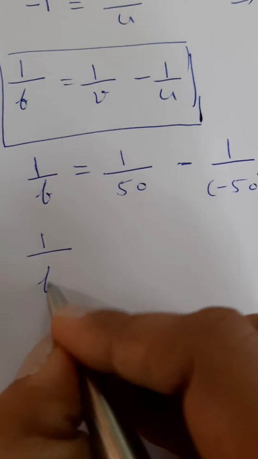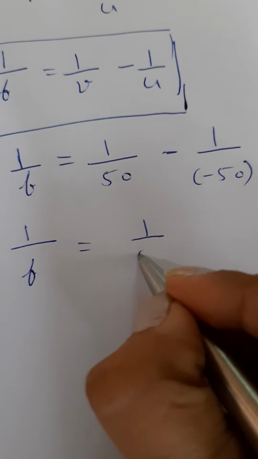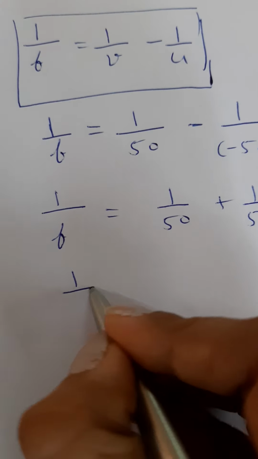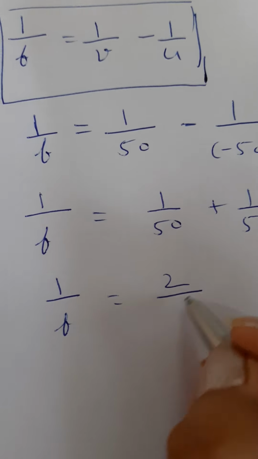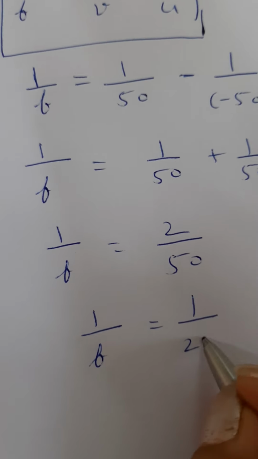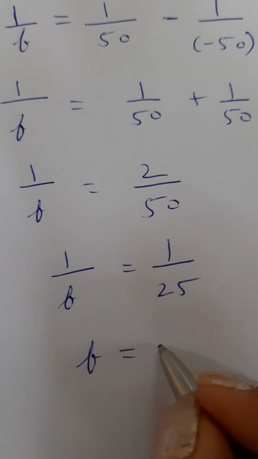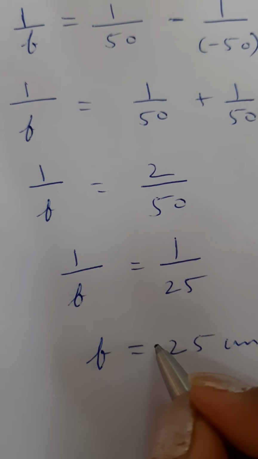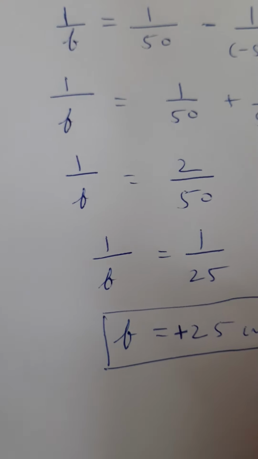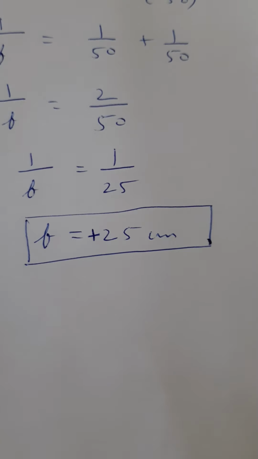Solve this one. 1 upon 50 minus minus, plus 1 upon 50. We can write it is 2 upon 50 or it is 1 upon 25. So what is the value of f? 25 centimeter. We will place here a positive sign. This positive sign is indicating a convex lens.